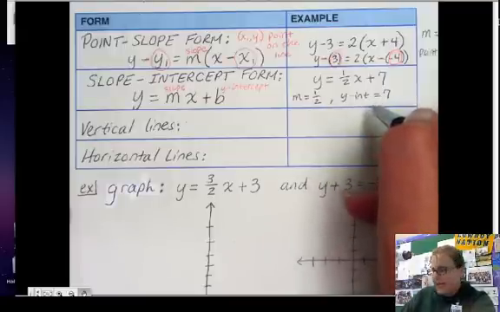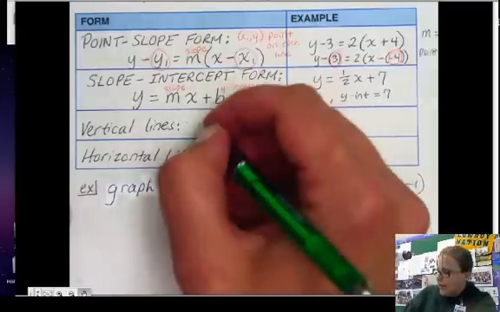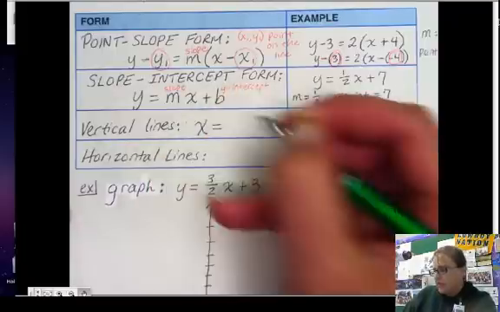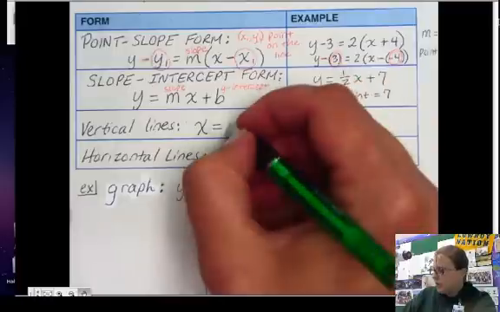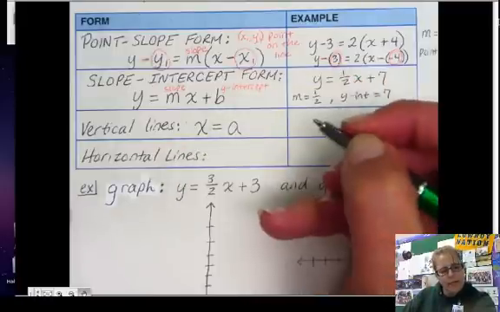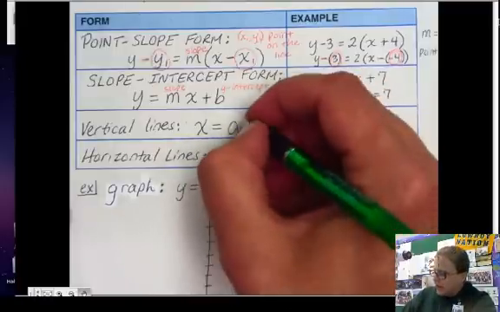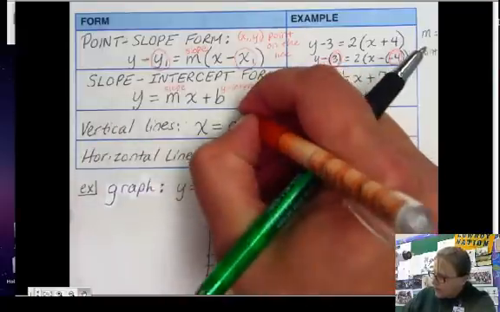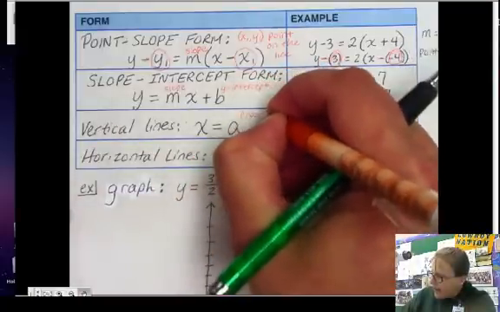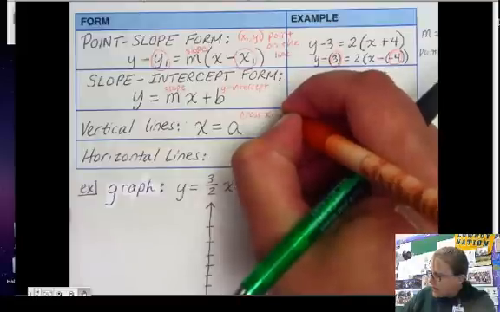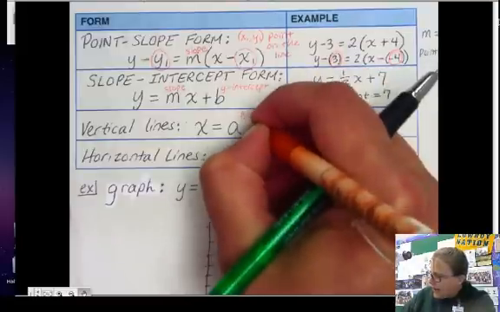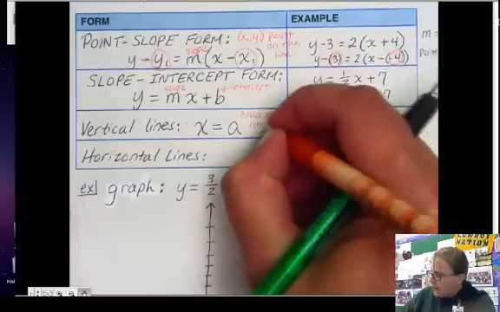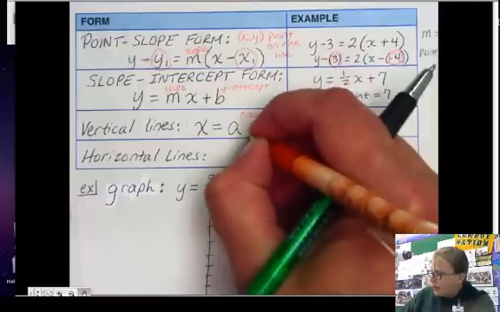Now, vertical lines are always in the form x equals some number, and we'll do maybe a. So what that means is that it crosses the x-axis at a and is vertical.